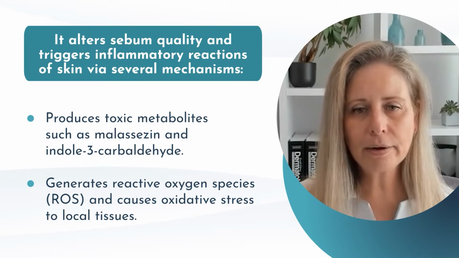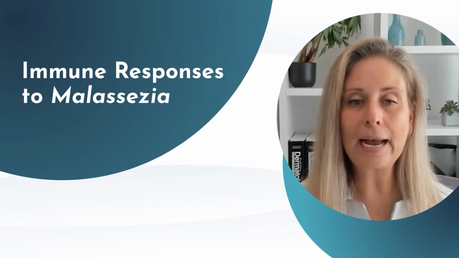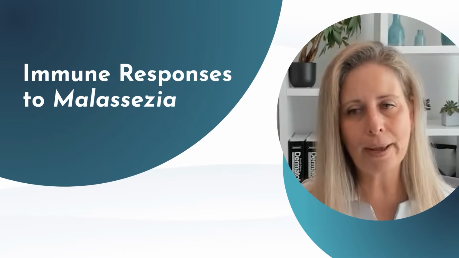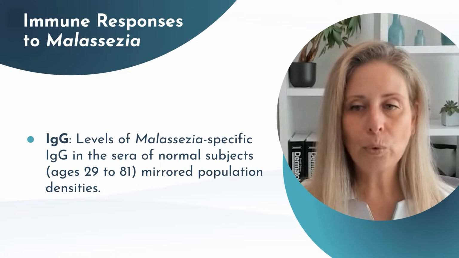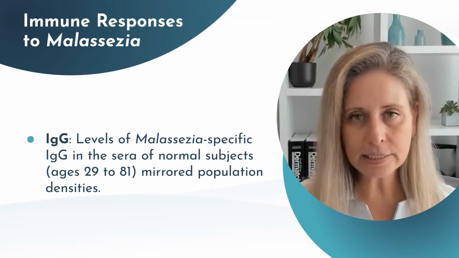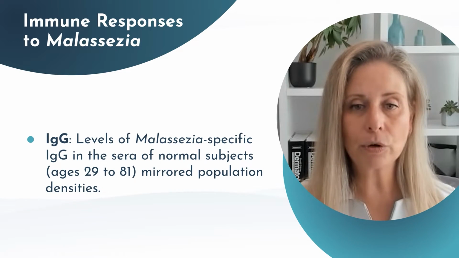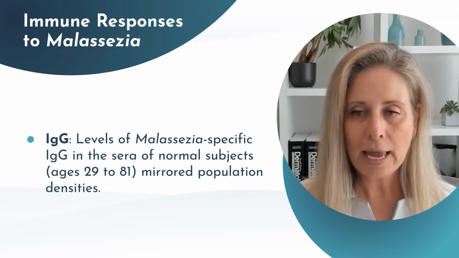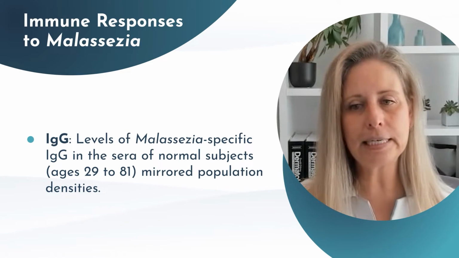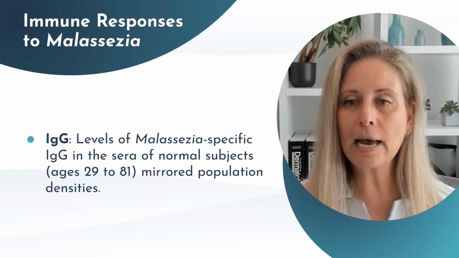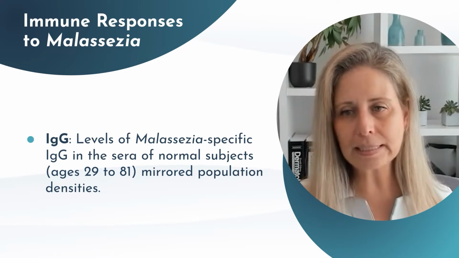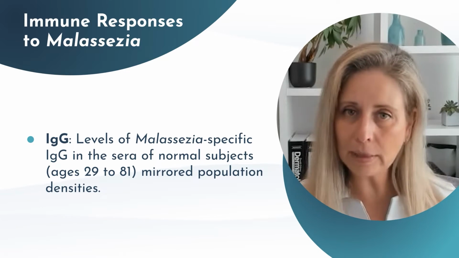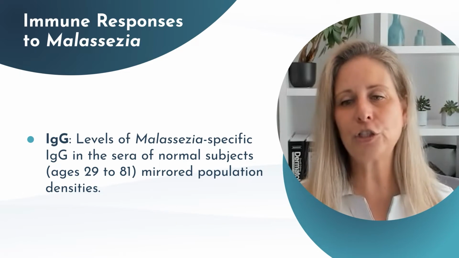And there's a lot of different immune responses that we can have to Malassezia. It's not just one pathway. For example, IgG, immunoglobulin G. We find levels of Malassezia-specific IgG in the serum of healthy patients, and it mirrors the population densities. So those with more Malassezia have more Malassezia-specific IgG, and those with less Malassezia colonization have less Malassezia-specific IgG.